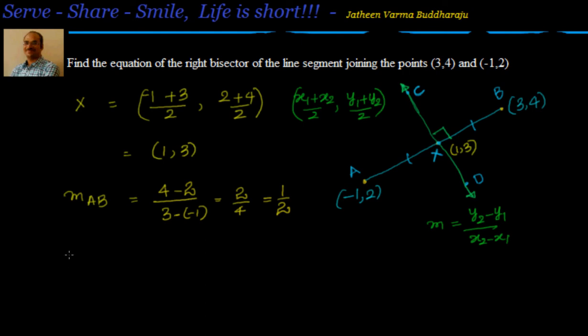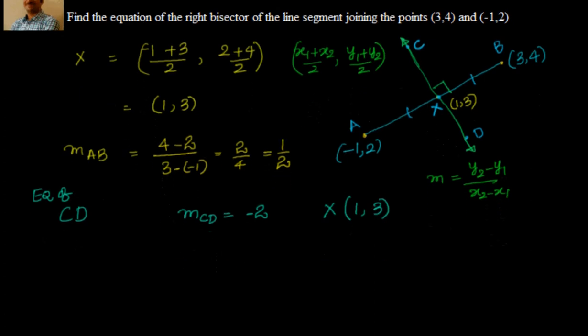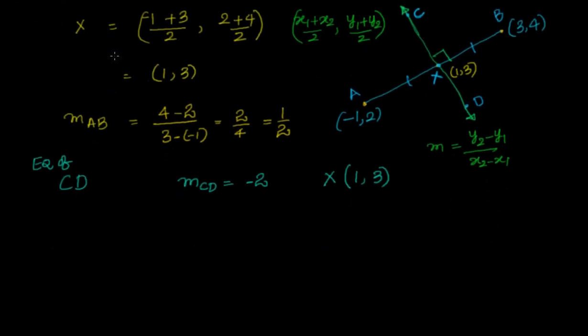So the equation of the right bisector, we will find now. That's nothing but CD. So the equation of CD we want to find out. For that we know M of CD is the reciprocal of this multiplied by -1, that is M of CD is -2, and it also passes through point X whose coordinates are 1, 3. Now we can leverage point slope form, which tells y minus y1 is equal to m into x minus x1 is the equation of the straight line.